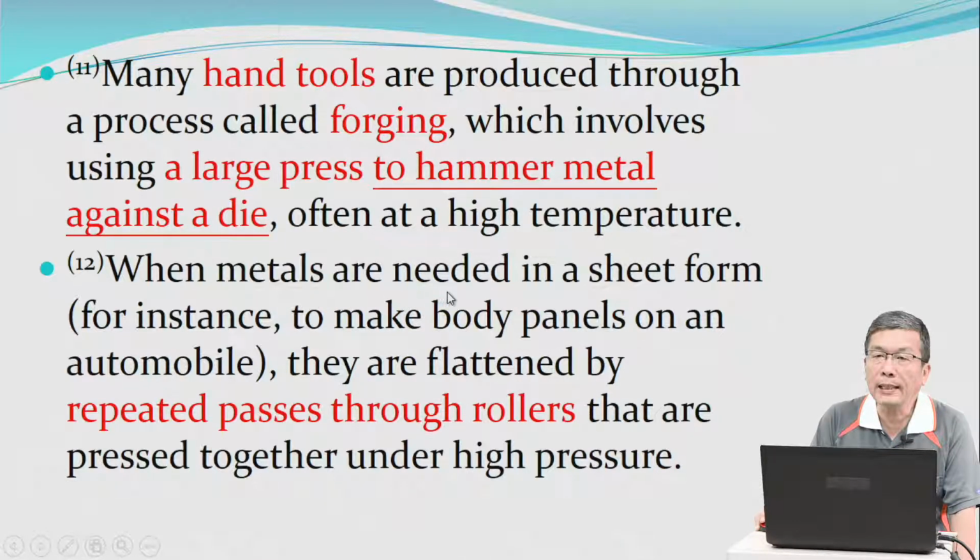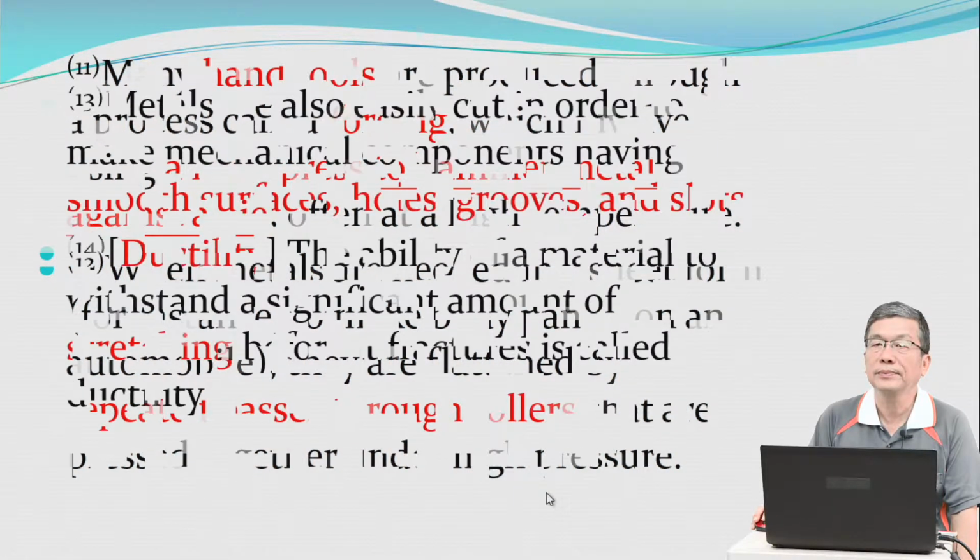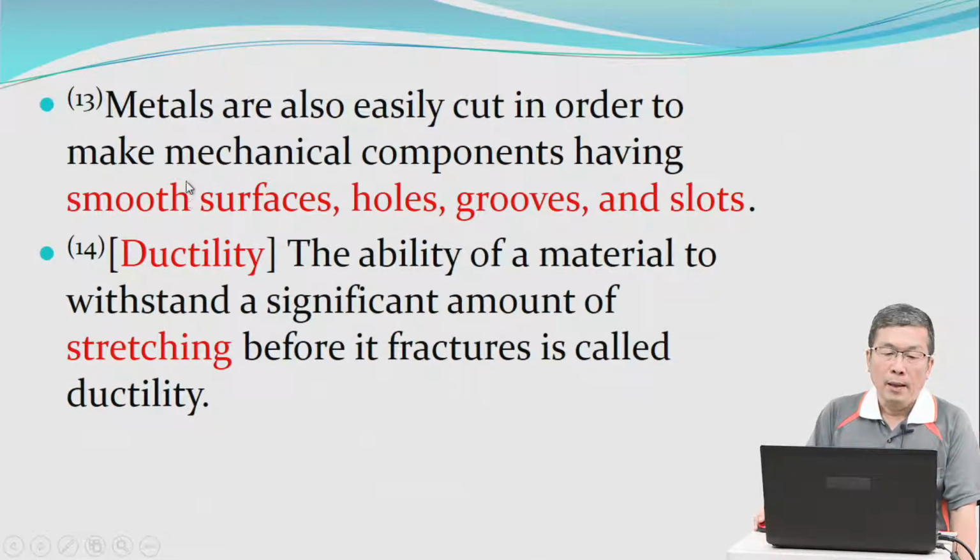When metals are needed in a sheet form, for instance, to make body panels on an automobile, they are flattened by repeated passes through rollers that are pressed together under high pressure. Metals are also easily cut in order to make mechanical components having smooth surfaces, holes, grooves, and slots.